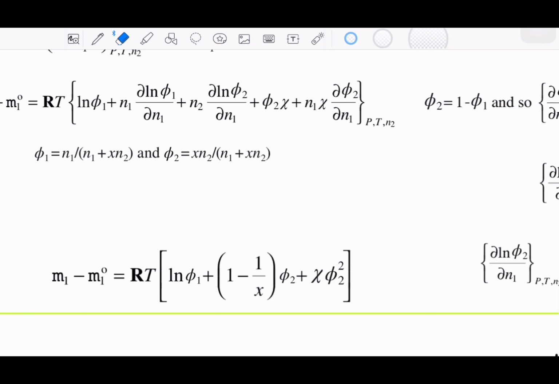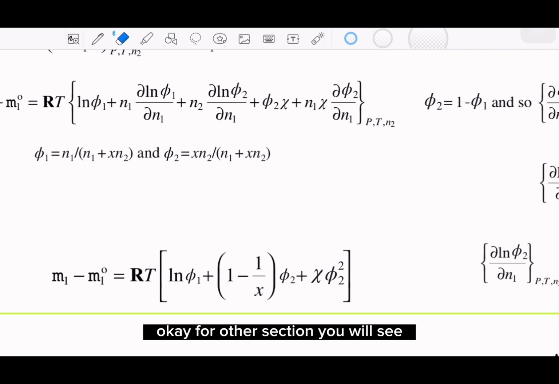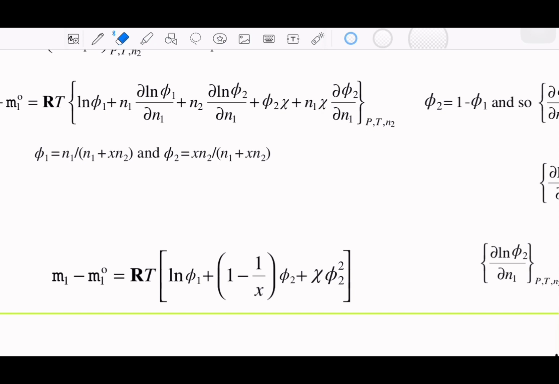Okay. For other sections, you will see for approximation they use the series expansion from the Taylor-Maclaurin series. But I think I will just skip that, but to get this, okay.